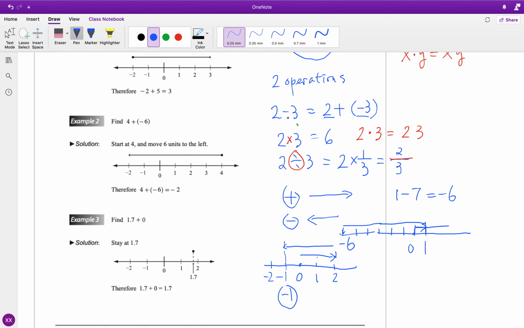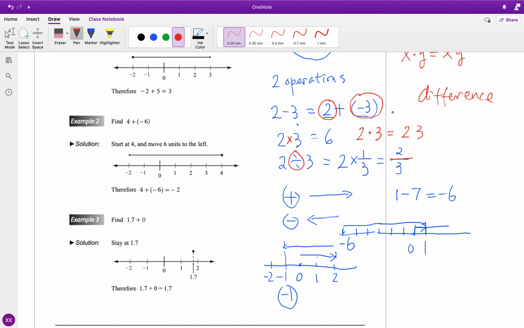If you wanted to do this kind of understanding, it is perfectly fine. But more abstractly, when you add a number with another number that has a different sign, first of all, you find the difference between the two numbers.